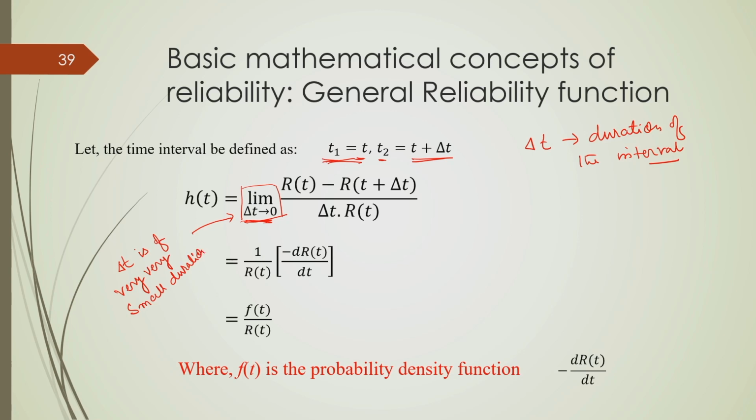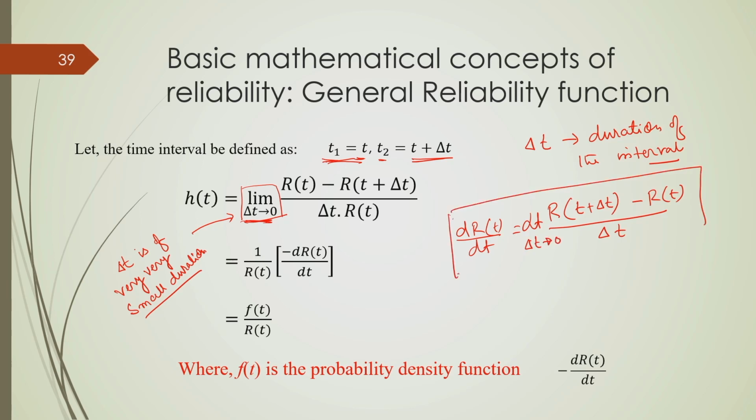With this limit, R(t) minus R(t plus del t) divided by del t is representing the rate of change of R(t). So, the rate of change of R(t), dR(t)/dt, is equal to R(t plus del t) minus R(t) divided by del t, where limit del t tends to 0. This is the definition of differentiation that we know.